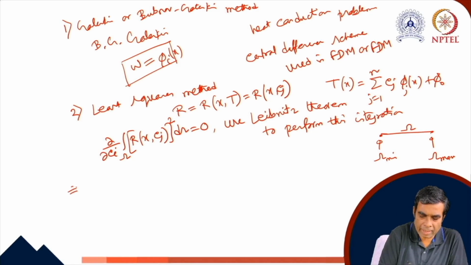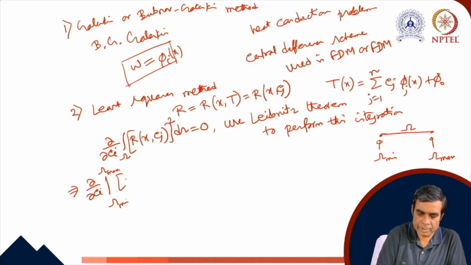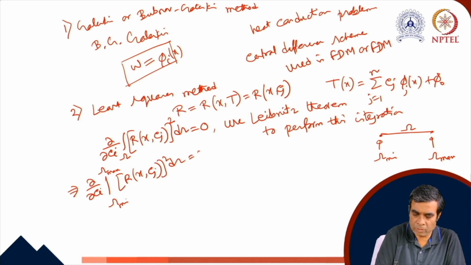So this we can write as del del ci from omega minimum to omega maximum of r of x comma cj whole square d omega equals 0.